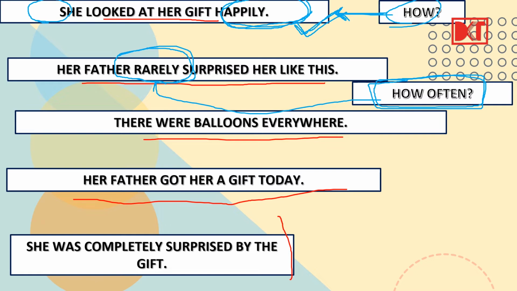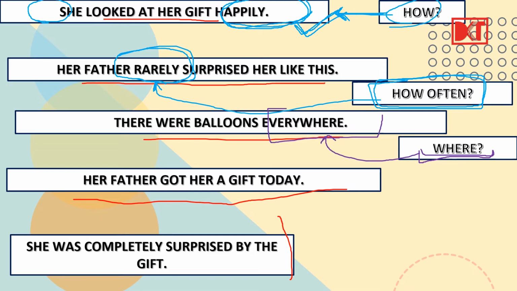So it is the adverb, because adverbs we know that they answer any of these following questions of how often, when, where, etc. Okay. The third question is where. So in the third sentence, which word is answering where? Everywhere. Where were the balloons? The balloons were everywhere. Okay, so the adverb here is everywhere.